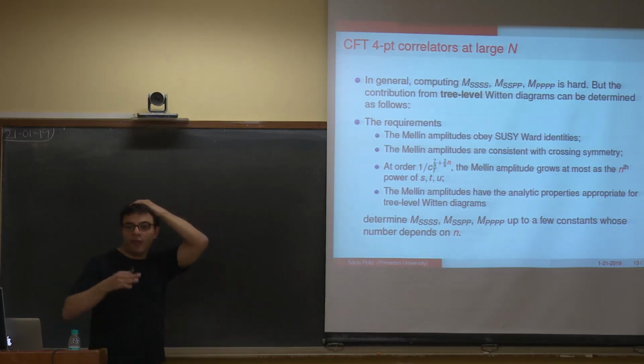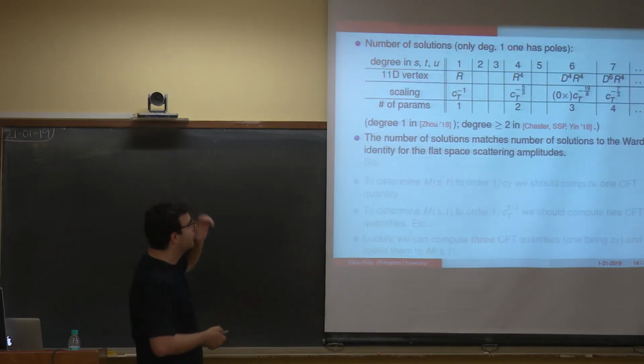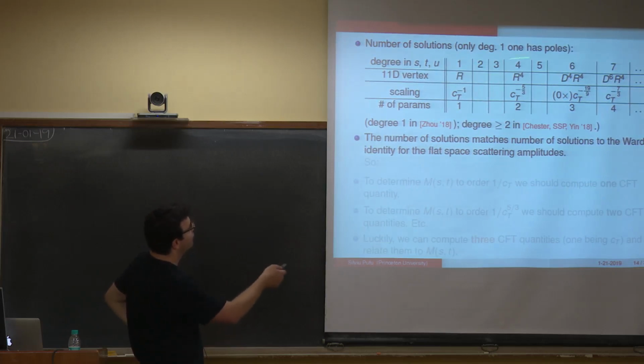It shouldn't be faster than some power of S, T, U. And then you're counting how many coefficients there are that obey all these conditions. Up to first order, there's just one parameter. Up to order 4, there's 2. Order 6, there's 3. Up to order 7, there's 4, and so on.